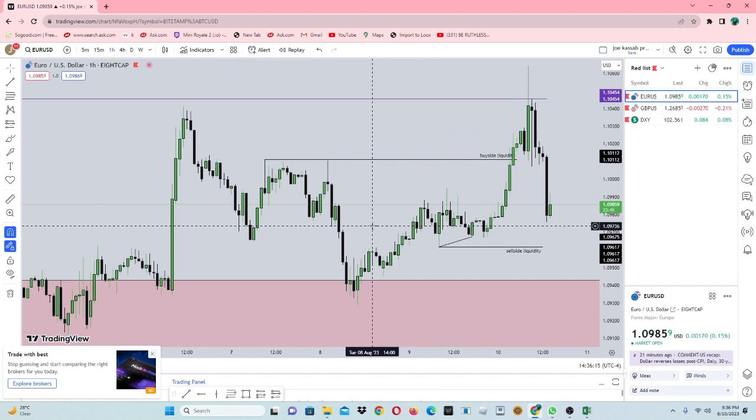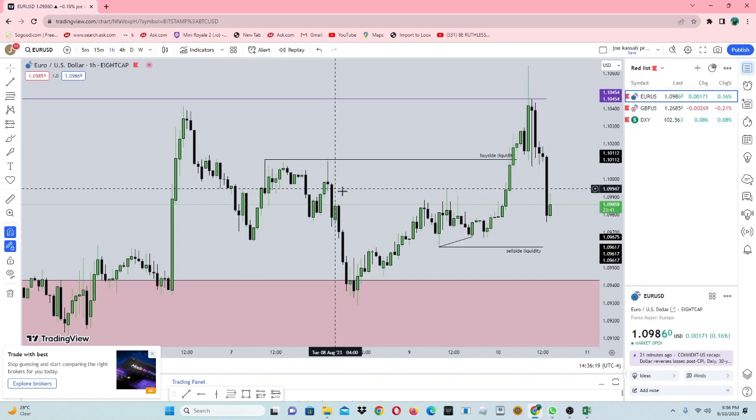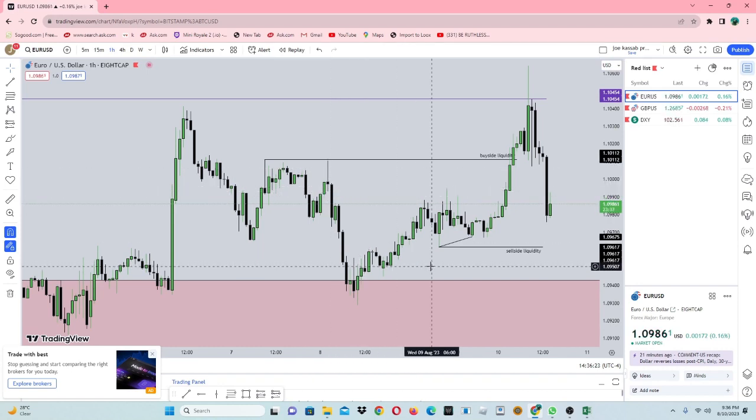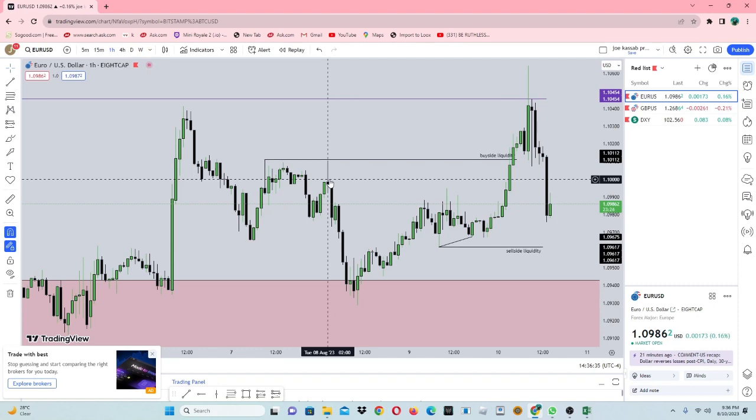What I mean by this: if this swing formation doesn't happen, I will enter on a 5-minute swing formation on the next hourly candle. But if this happens, the else code will not be generated, so I will just do this entry.